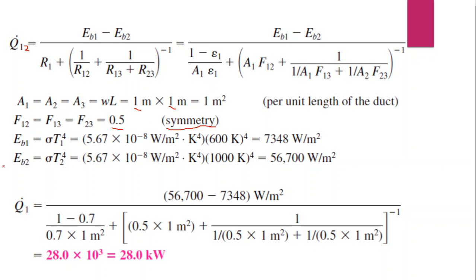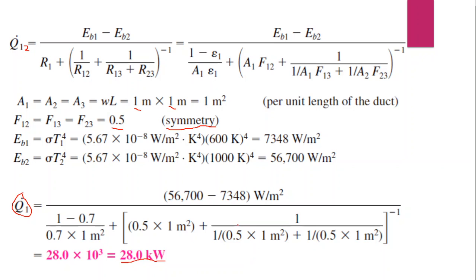Then we put the values: EB1 as sigma into T1 to the power 4, EB2 as sigma into T2 to the power 4. What is T1? 600. What is T2? 1000. Finally we solve this equation, and we will find the heat transfer between 1 and 2 is 28 kilowatt.